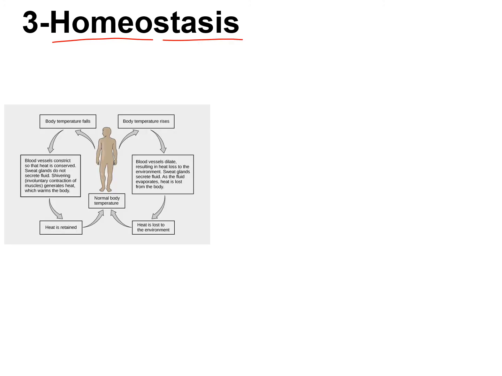The third characteristic that living things share is homeostasis. And homeostasis is basically the ability of the organism to regulate its cellular processes, or if it's a multicellular organism, its body processes. So homeo means similar, stasis means standing. One example of regulation or homeostasis is body temperature.